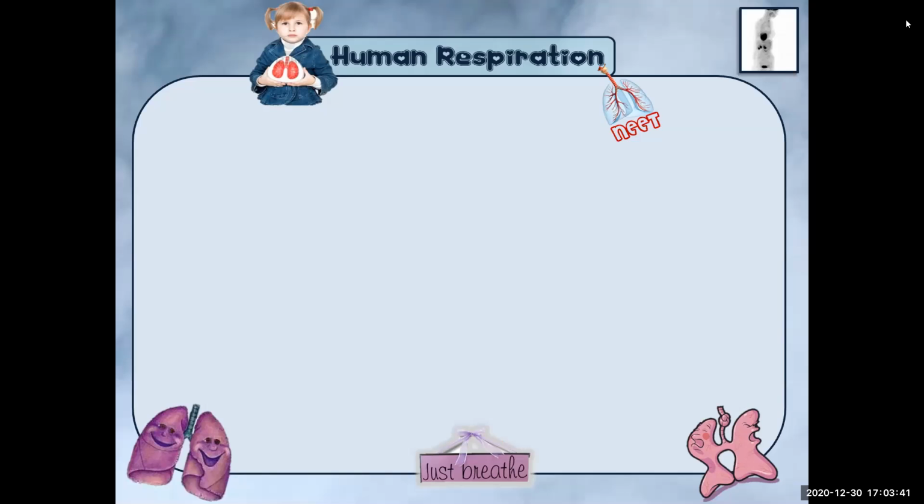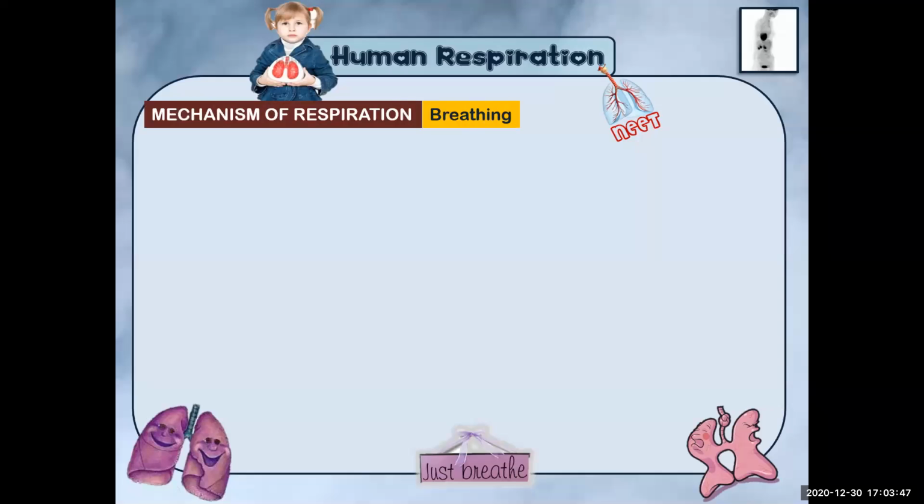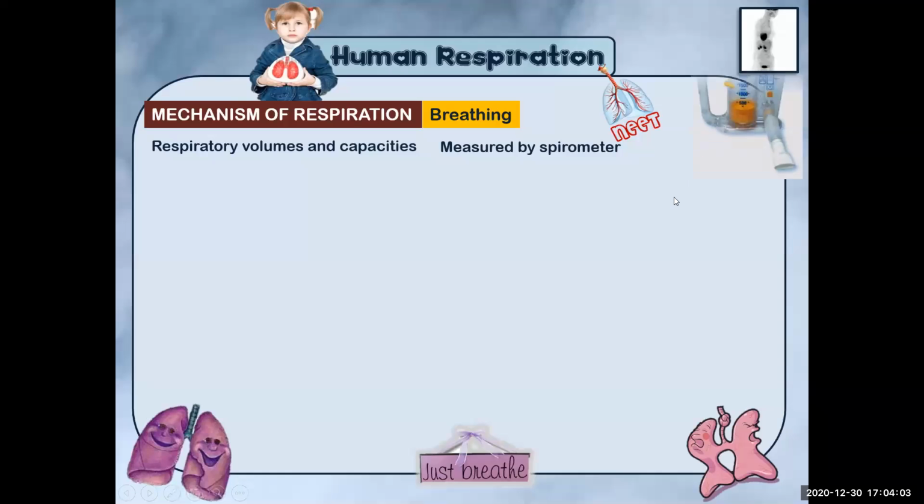Now we measure the various volumes in the lungs. Okay, that is related to breathing, respiratory volumes and respiratory capacities. Now, volumes are basically during the entire process of breathing, what is the volume in the lung? It is measured by an instrument called the spirometer.